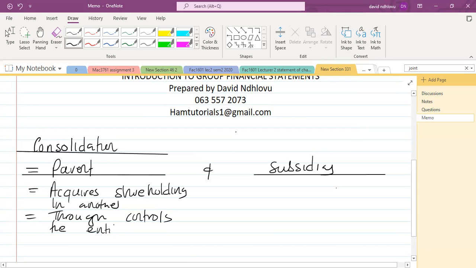It means they make the decisions on behalf of the other entity. They basically are the majority shareholder in that particular company. So therefore, they actually control the major areas of that business.